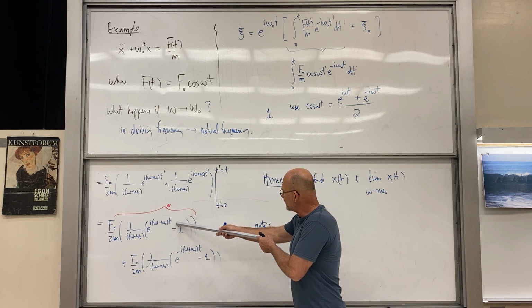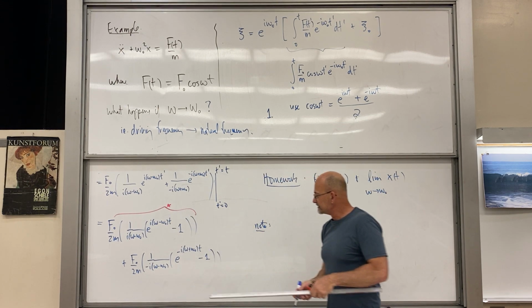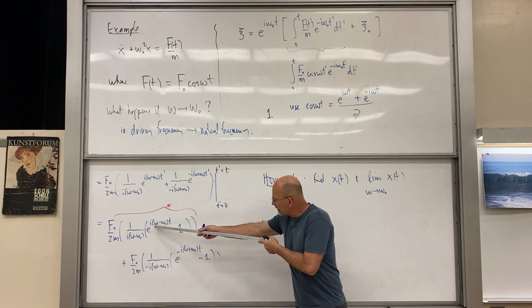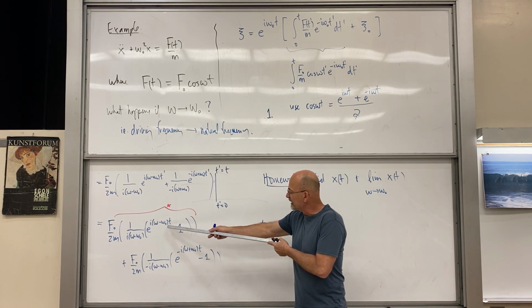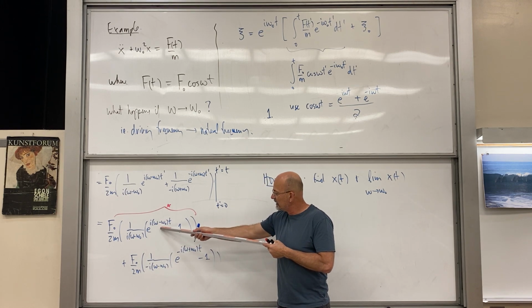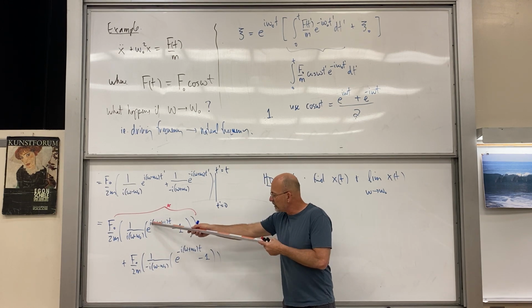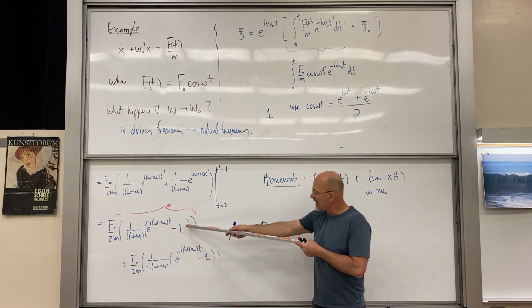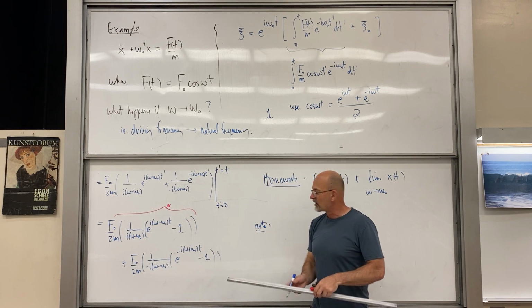For the limit of this part that I've bracketed, when omega is close to omega naught, we've done this before. We can expand the exponential. It's going to be 1 plus the argument minus 1. So it's actually just going to be that argument.